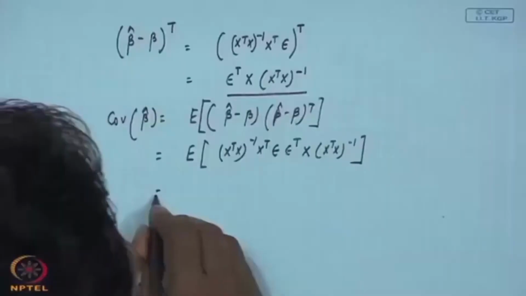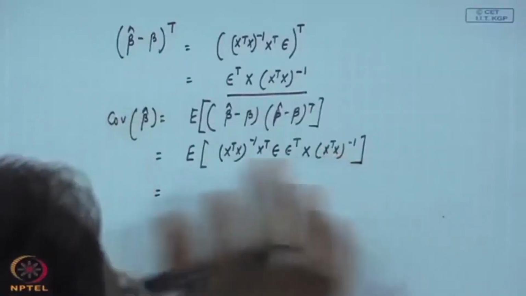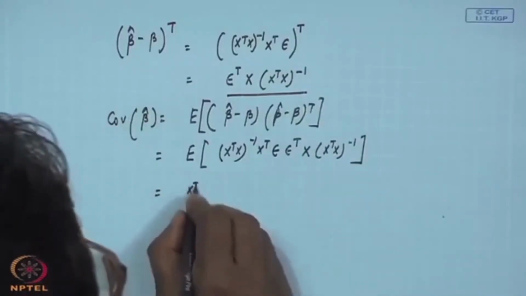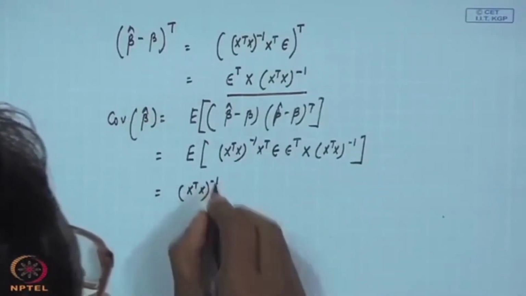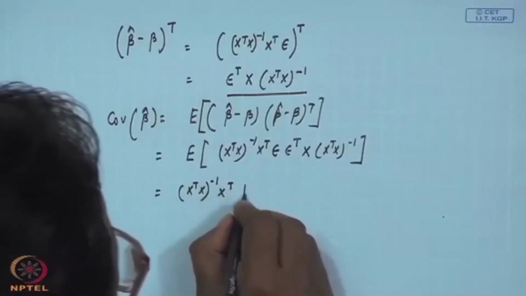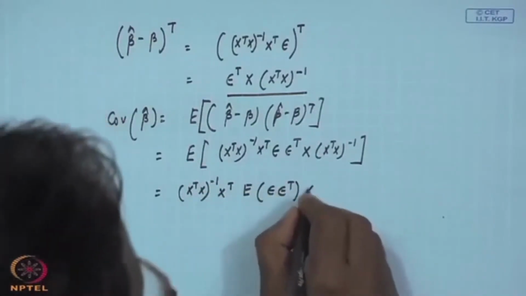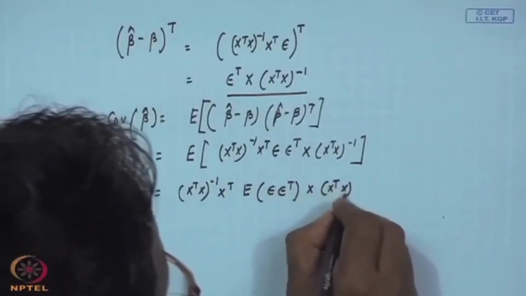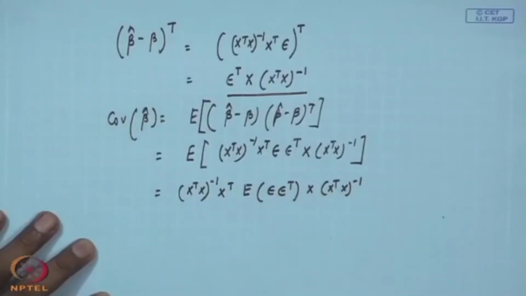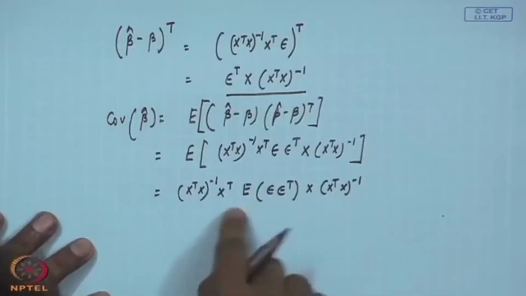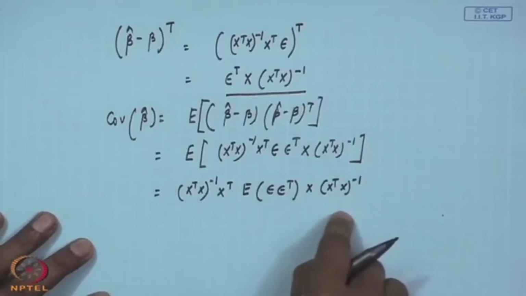As usual we will bring the x factor out of the expectation operator, then we will get x transpose x inverse x transpose, expected value of epsilon epsilon transpose, x, x transpose x inverse. This fixed value does not require the expectation operator here.